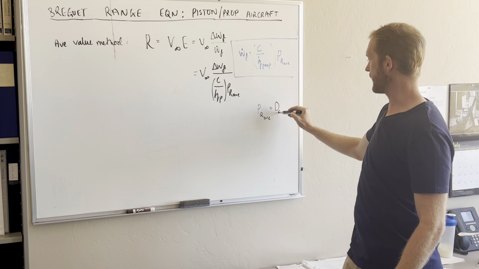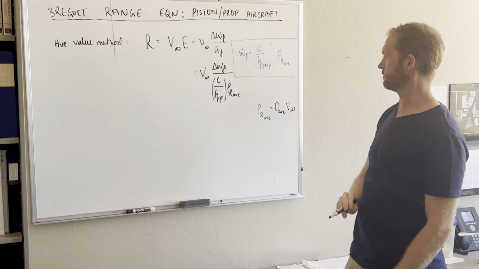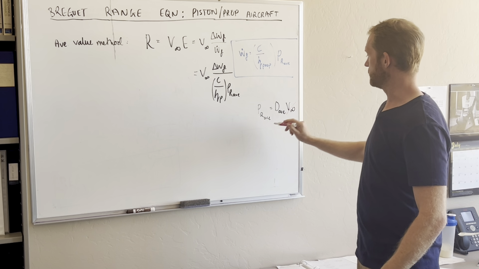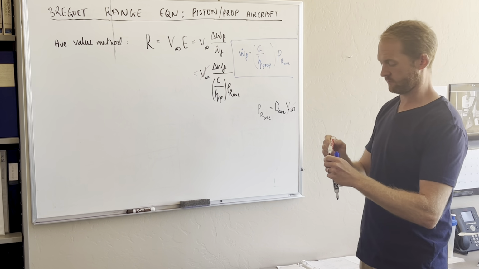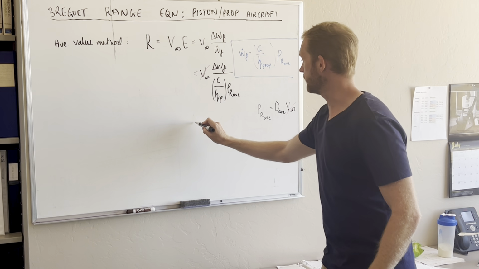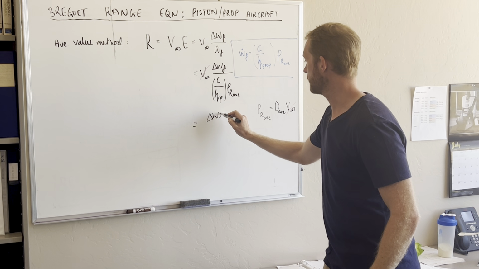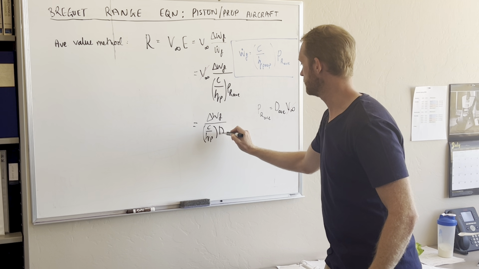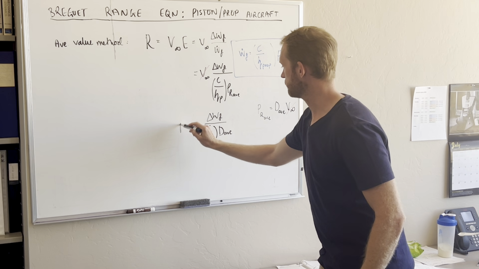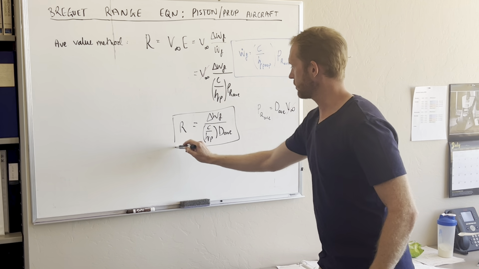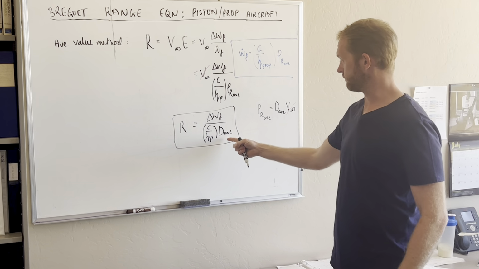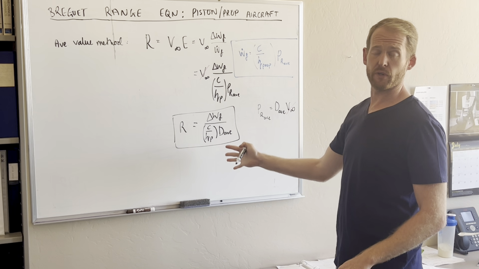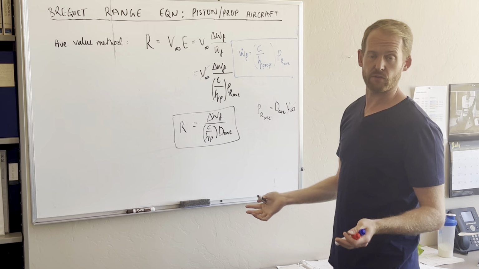Our force is drag average multiplied by V. So this V here is going to cancel with that V there, and that's going to leave us with this equation, C over eta prop, in the denominator D average. So this is our average value method equation, and that's our starting point for the derivation of the Breguet equation.